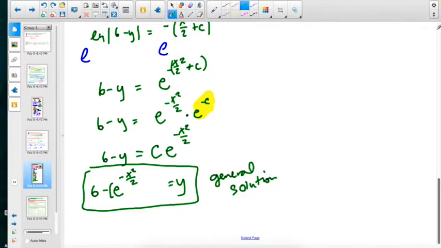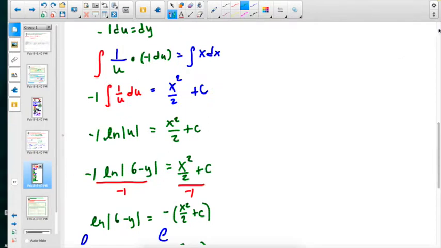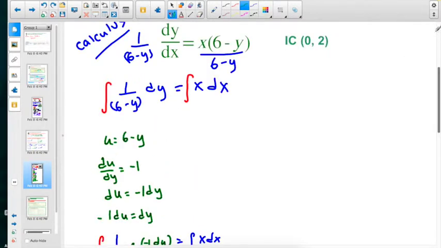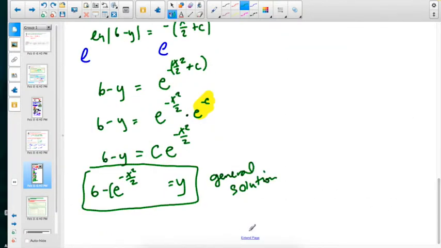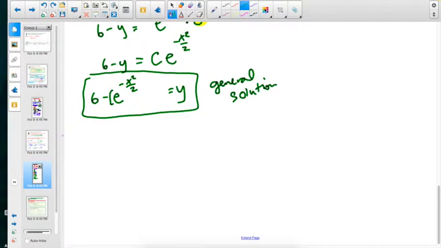And so now we can go ahead and look at the initial conditions to get the particular solution. So the general solution, I go back up here, here's my initial condition of 0, 2. If this is our general solution, then we have 6 minus c e to the minus 0 squared divided by 2 equals 2.